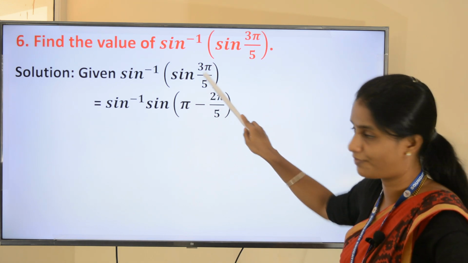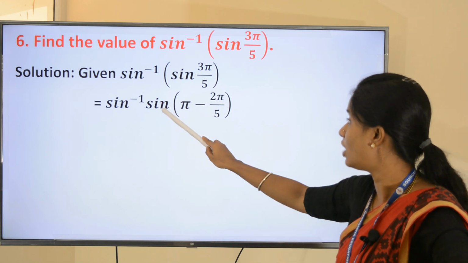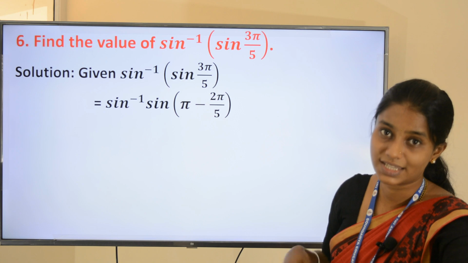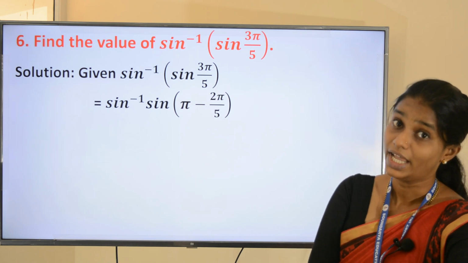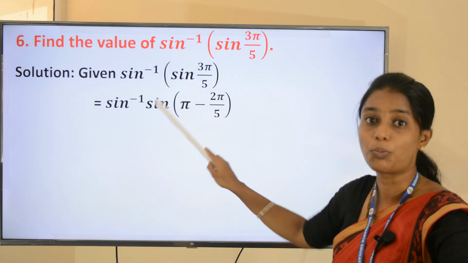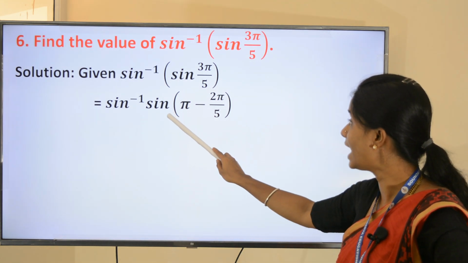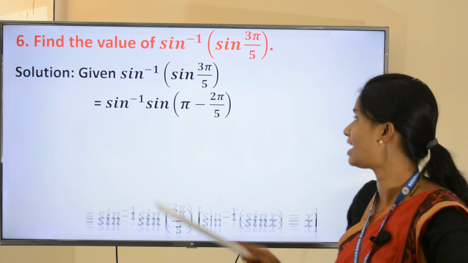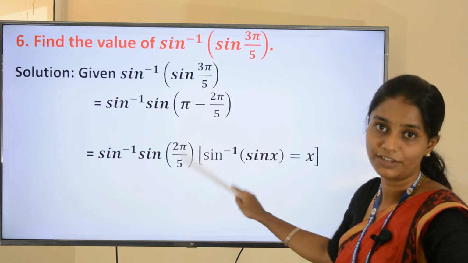So now sine of pi minus 2 pi by 5 lies in the second quadrant. In the second quadrant, the sine function is positive. Therefore sine of pi minus 2 pi by 5 can be written as sine 2 pi by 5.